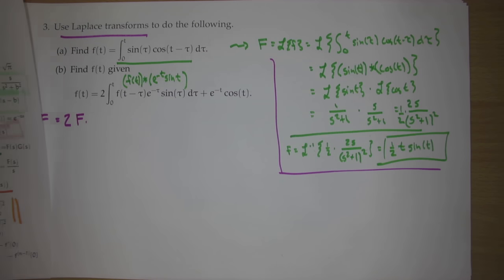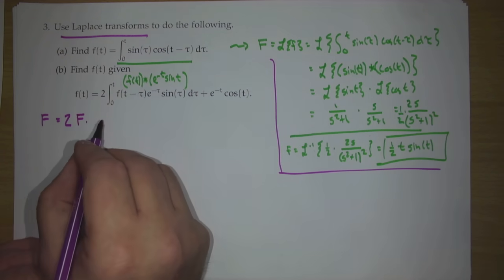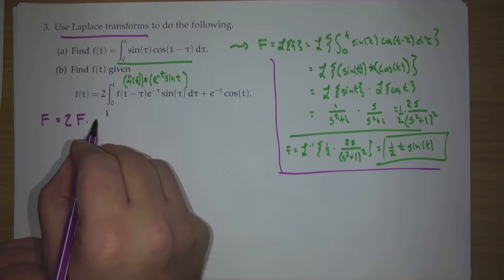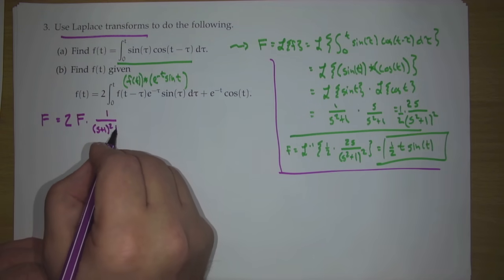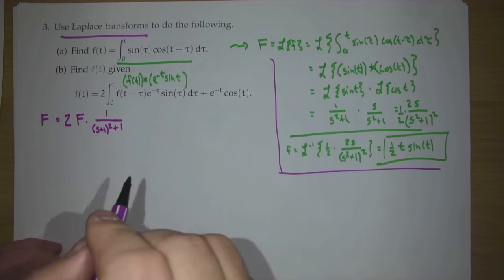What does the e to the minus t end up doing? It's a shift, right? So in particular, this would be 1, and instead of s squared, it's s plus 1 squared plus 1.